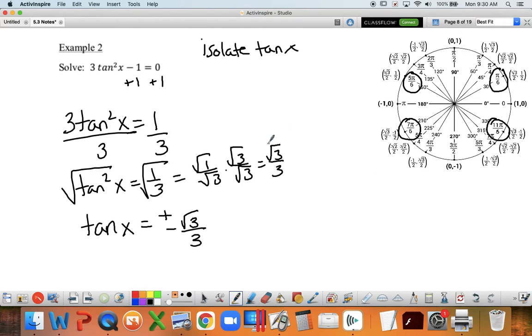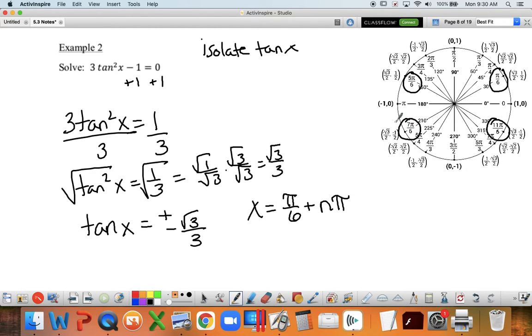But I want to give a very generic answer that covers everything. So I'm going to say, well, x could be equal to pi over 6, and instead of adding 2 pi, I'm just going to add pi, or a multiple of pi. If I add pi, well, that covers 7 pi over 6.